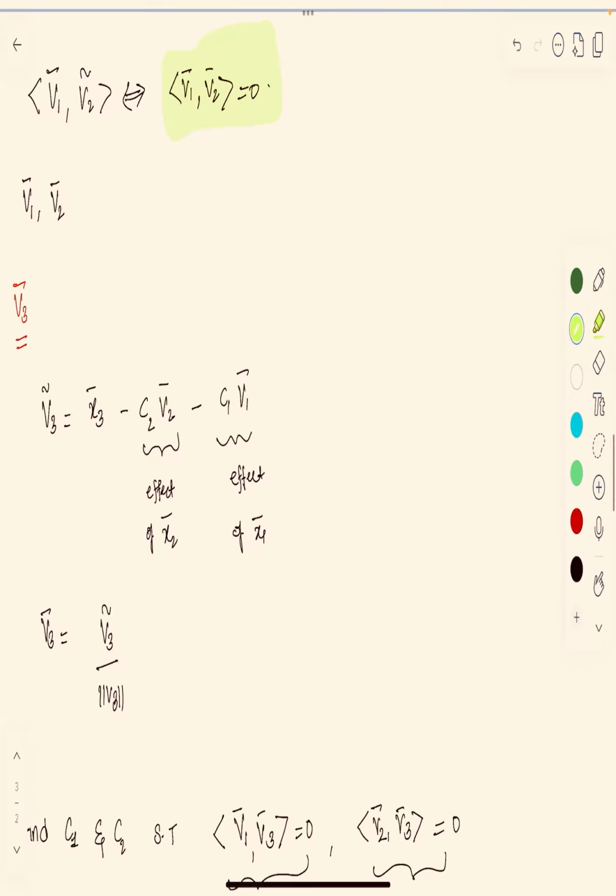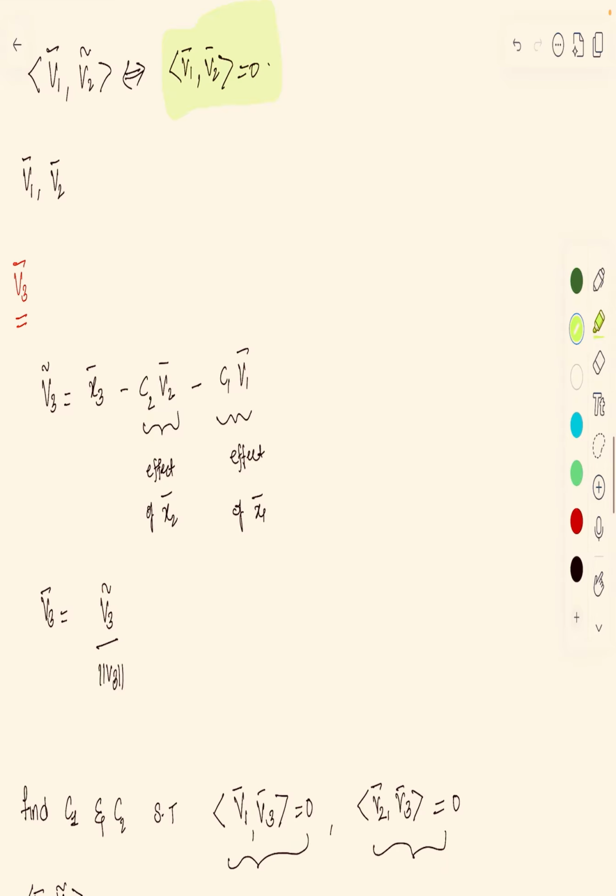Okay, so that c value is a certain expression, and the same philosophy carries forward to the derivation of v3 bar, because v3 bar has dependency on x3 bar, and it has dependency on x2 bar, and on x1 bar. So this term is precisely trying to eliminate the dependency on x2 bar, and this term is trying to eliminate the dependency on x1 bar.